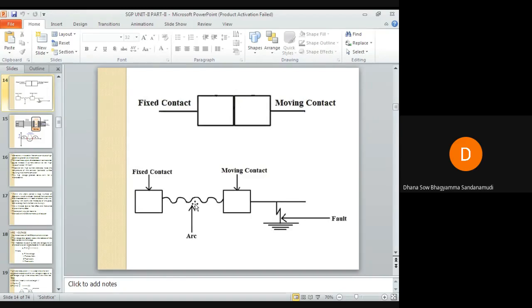Hence, the temperature at the cathode surface will increase to a very high value.